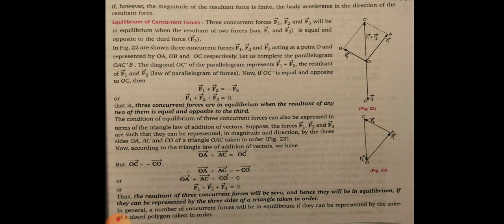Therefore we construct vector diagram of these forces. So vector diagram comes out to be a triangle, means there is no gap between head of last vector and tail of first vector.